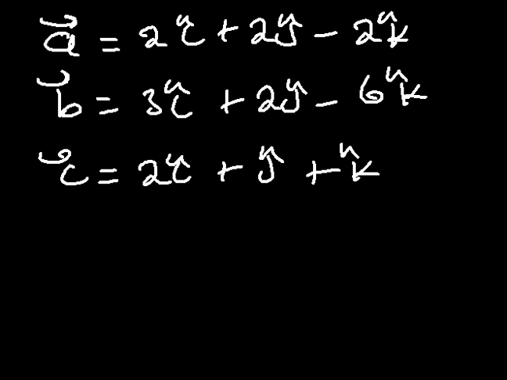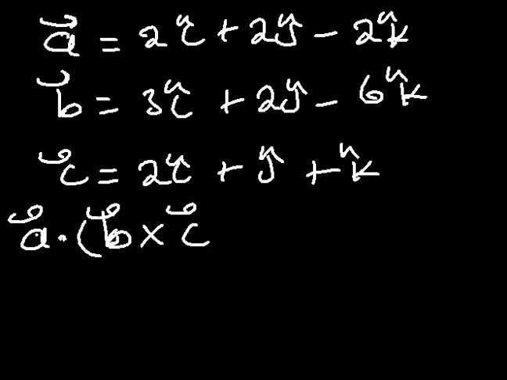So let's calculate the scalar triple product of the vectors in this case: vector A dot vector B cross vector C. Now how should we obtain this? First, we should have the cross product of those two vectors, vector B and vector C. So what is the principle behind the cross product of two vectors?